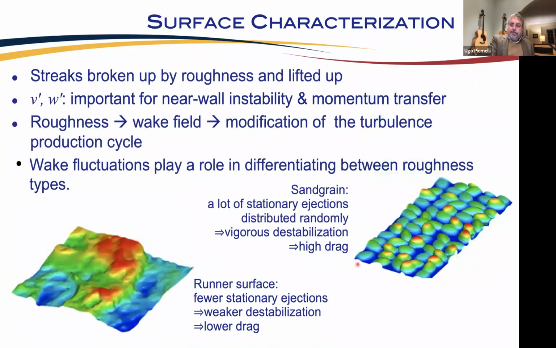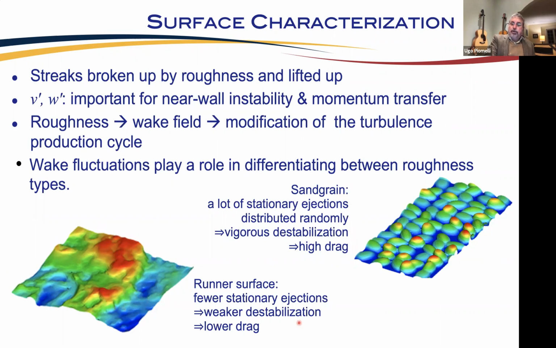So the difference between these two geometries, this one gives you intermediate values of Ks for a given K, this one gives fairly high values of Ks, is essentially coming from the wake field. Here we have a lot of stationary ejections that are distributed randomly. So you get a vigorous destabilization and a high drag, whereas here, even with the same average height, you have fewer stationary ejections that tend to be larger.